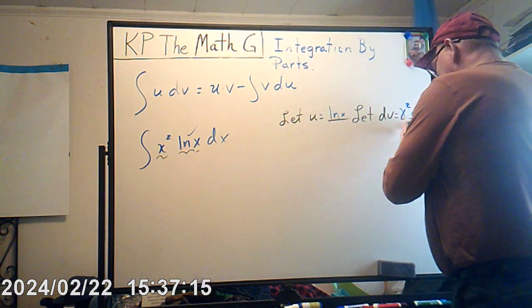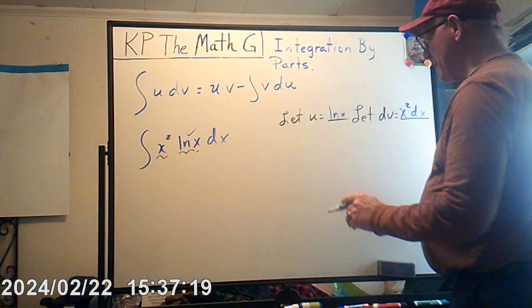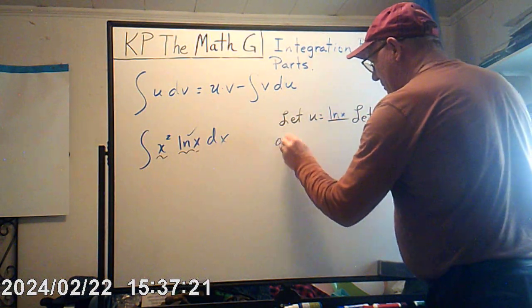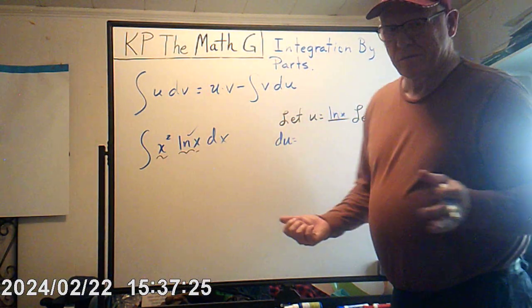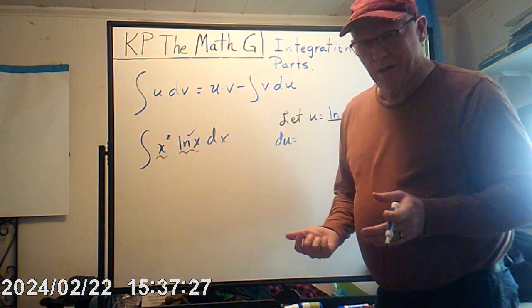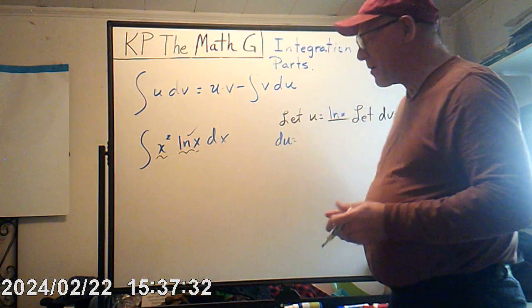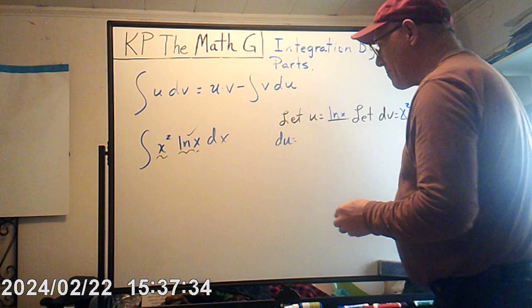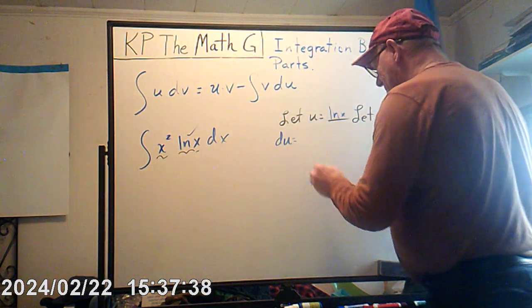We're integrating the easy part, and we're taking the derivative of the easy part. I know what du is. We have to know our derivatives of ln and other things, sine, cosine, tangent, and so on. And you might need to brush up on those while you are learning this.